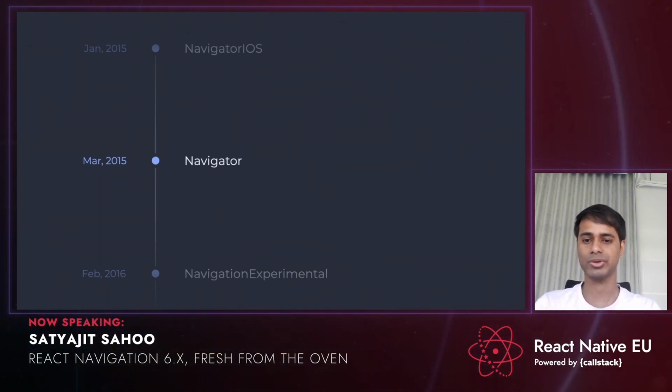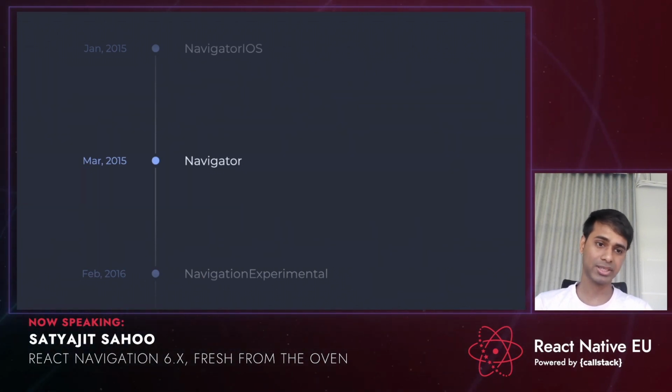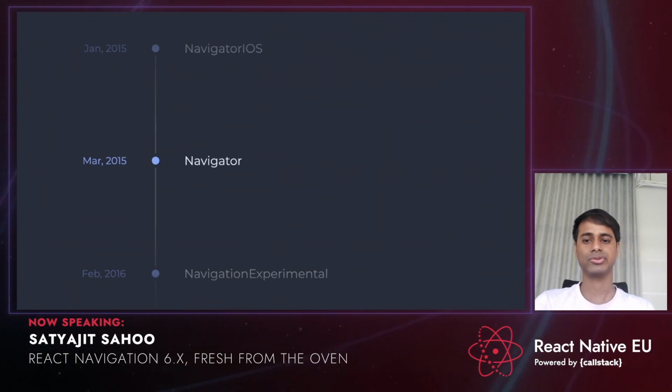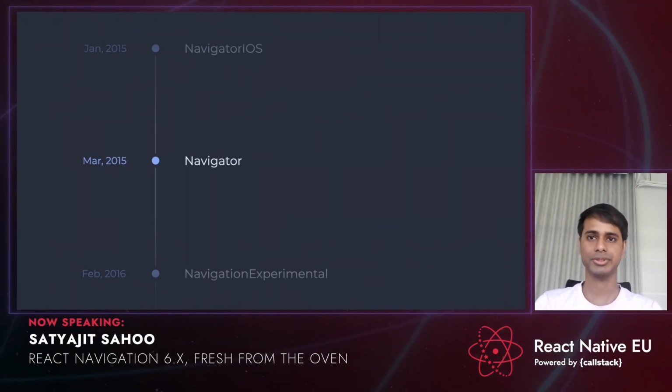But there was one major drawback with it. It did not use the Animated API. So when Animated added support for native driver, you could not use it, because Navigator used to call requestAnimationFrame to drive its animations without using the Animated API. So the migration wasn't straightforward.